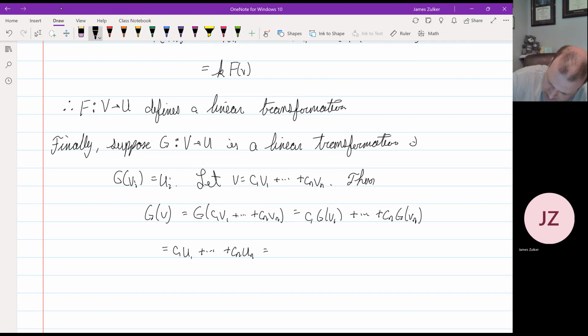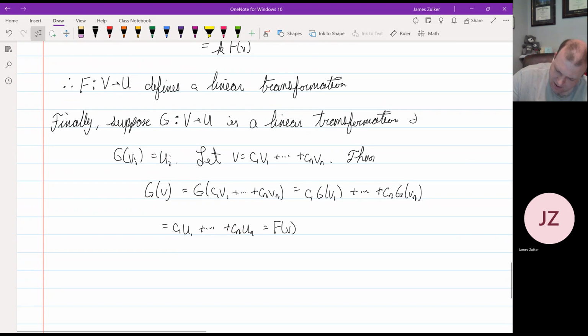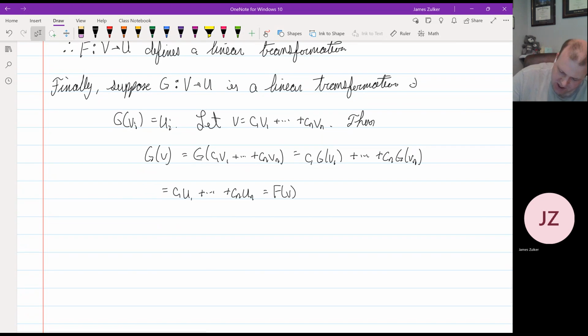But this was f of V. So what this shows is that G of V equals f of V for every V in V, and hence f is unique, which is what we wanted.